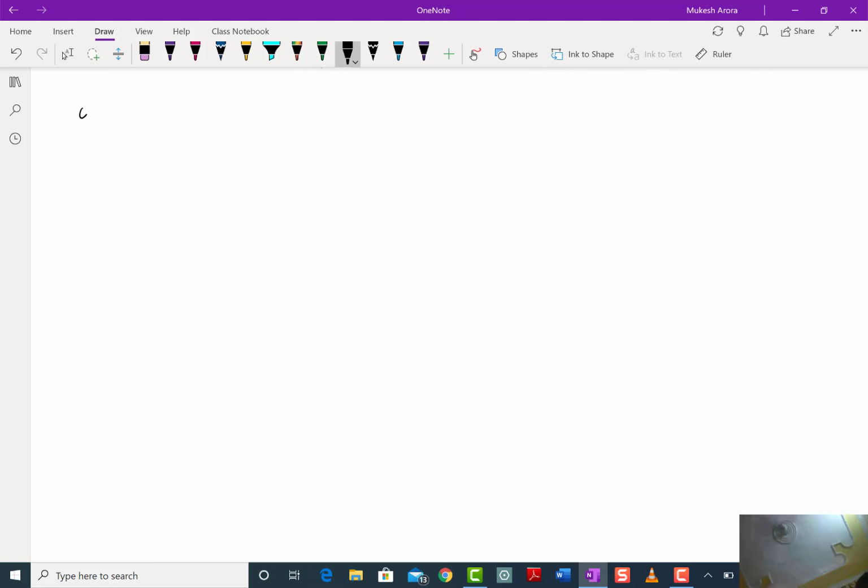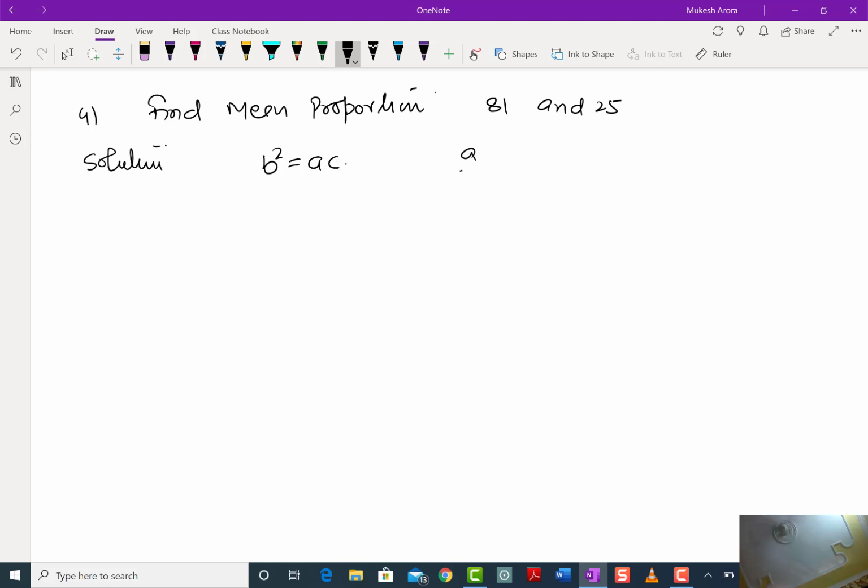Question: find the mean proportion of 81 and 25. Mean proportion is when three numbers are given. Mean proportion is also called B square is equal to AC. Like if it is A by B, B by C, from here we get B square is equal to AC.